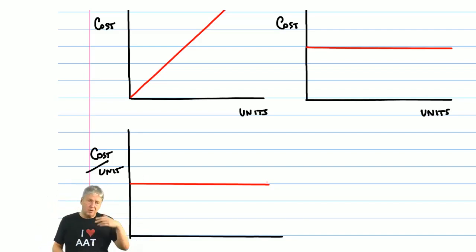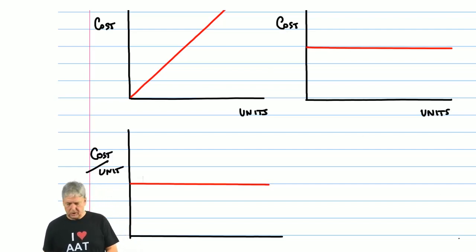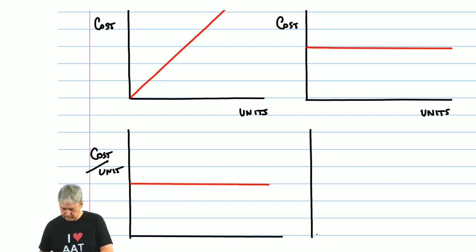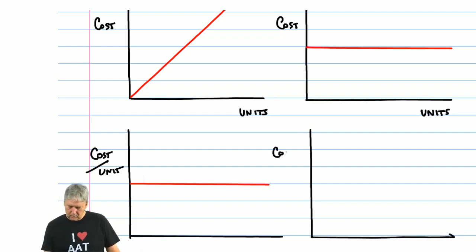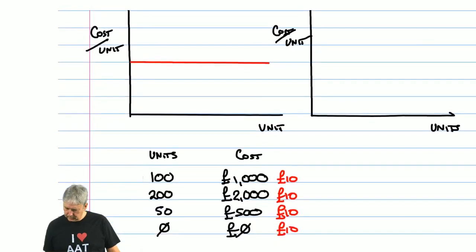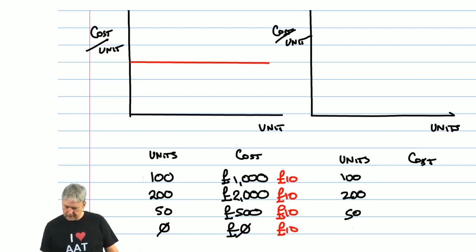Okay. Whereas I suppose just for completeness sake, we have to look at this little chappie. If we're looking at fixed costs, and I make up some numbers, so if we've got our units and our cost, we've got 100, 200, 50 and 0.